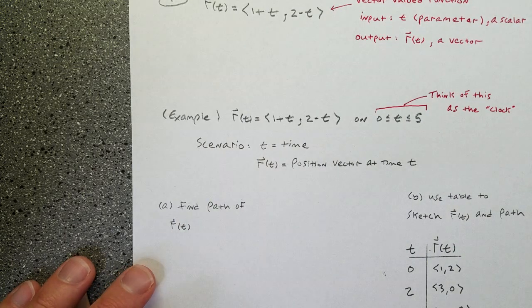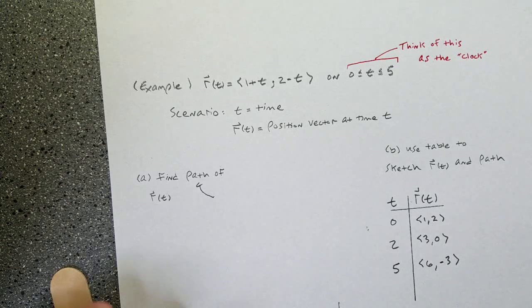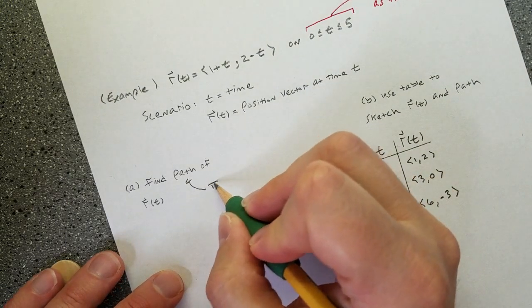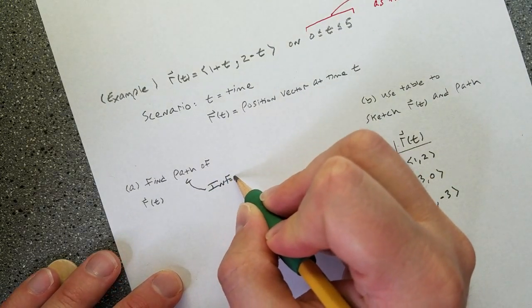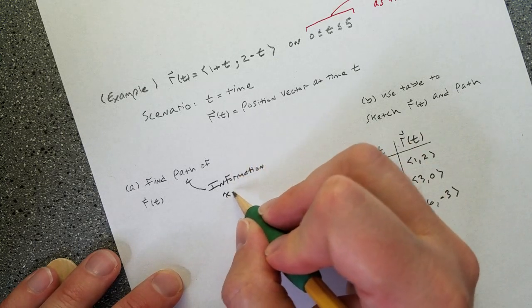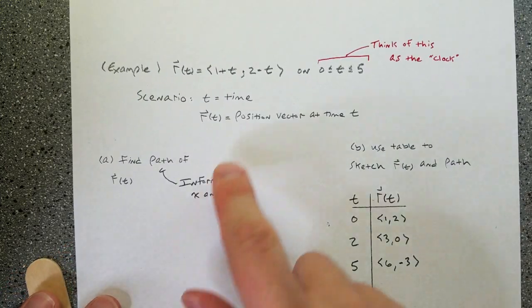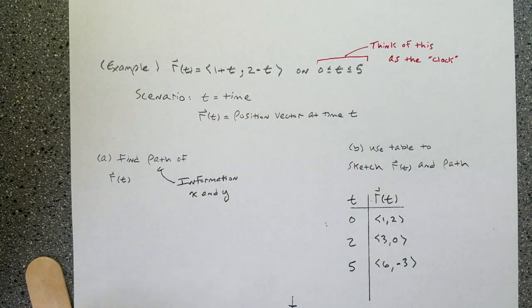Say, what's the path? Now, the path, if I give you a definition, would just be information about x and y. In other words, it would eliminate the time element out of it.